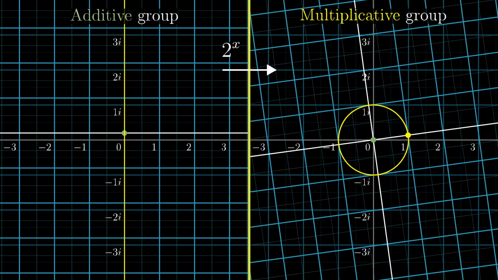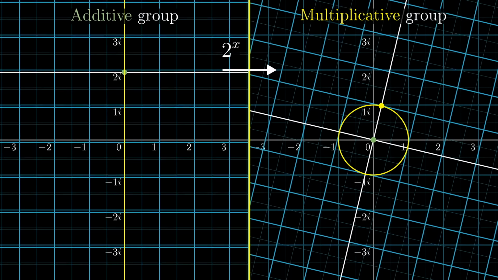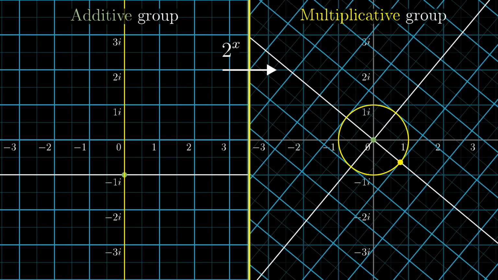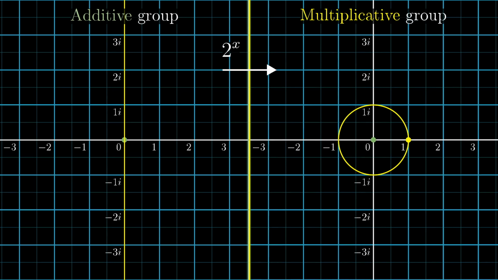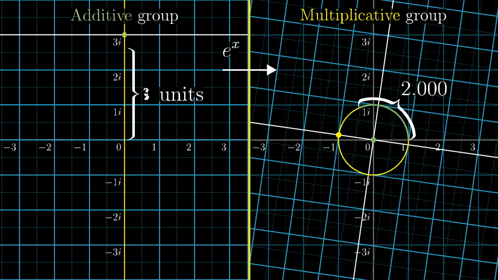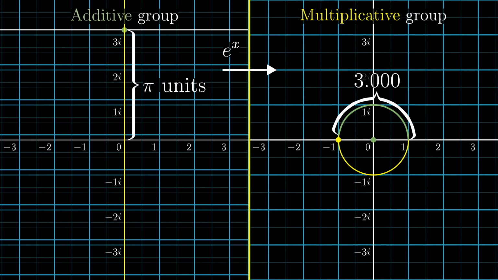When you read it, you can think that exponentials in general map purely vertical slides, the additive actions that are perpendicular to the real number line, into pure rotations, which are in some sense perpendicular to the real number stretching actions. And moreover, e to the x does this in the very special way that ensures that a vertical slide of pi units corresponds to a rotation of exactly pi radians, the 180-degree rotation associated with the number -1.